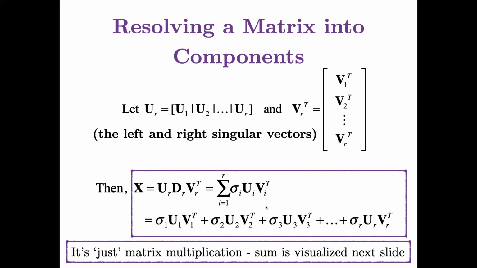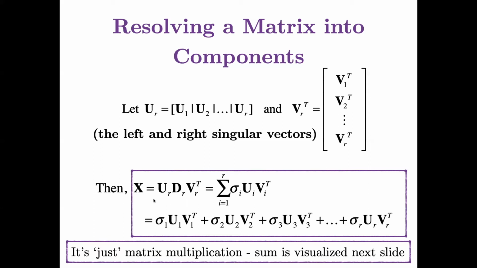But if you worked it out, then you're comfortable with the fact that if X is equal to this matrix U, D times V, and I partition the matrix U into columns, U1 through UR. So in this expression, I'm just saying U1 is the first column of U. I partition the matrix V into rows. So in this expression, I'm just saying I'm going to call the second row of V transpose, V2 transpose.